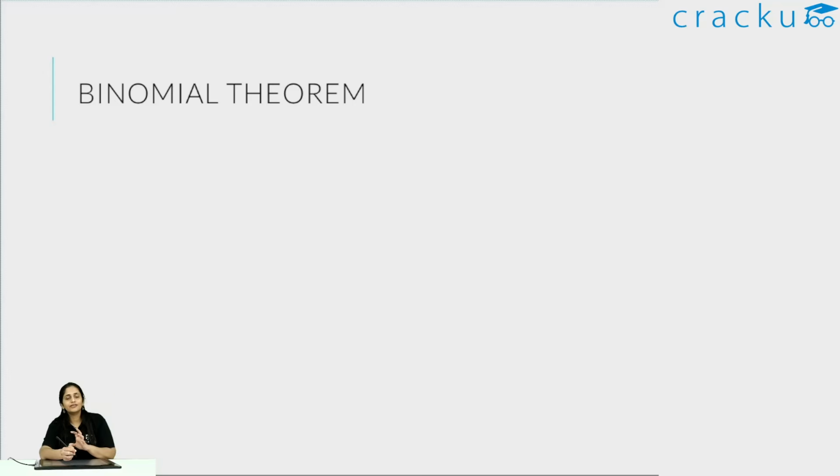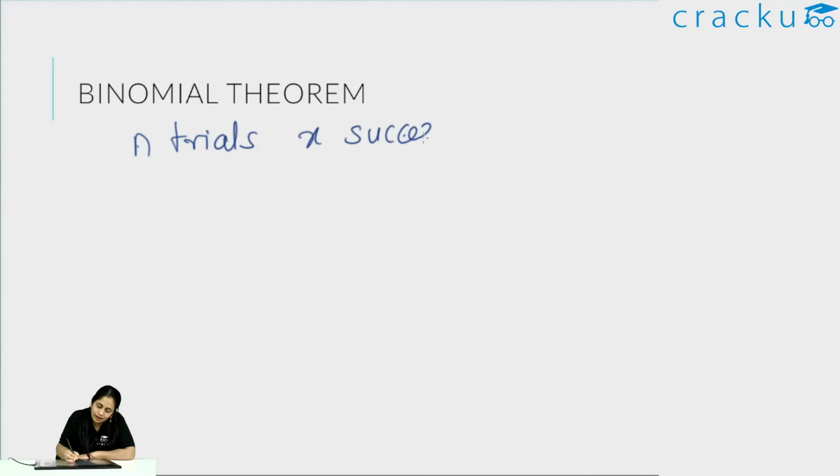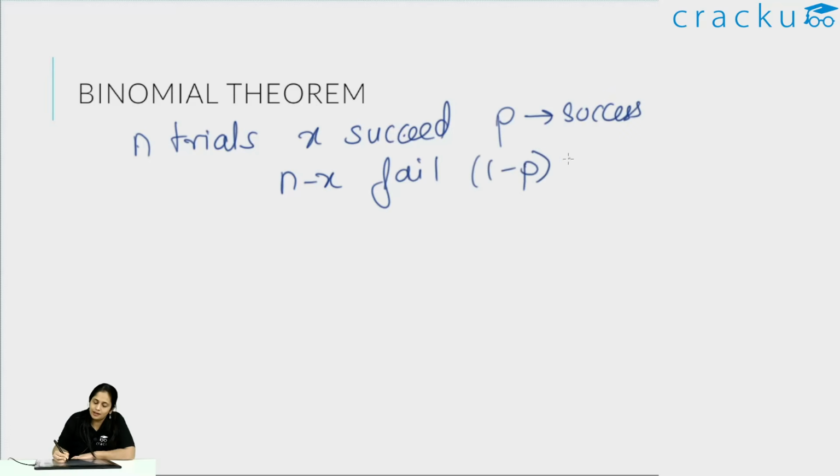So in those kinds of scenarios, what you do is basically you find out the total combined probability of multiple successes, or x out of n trials being successful, using the binomial theorem. So if I say that out of n trials, x succeed and n minus x trials fail, and the probability of success is say p, then the probability of failure will be 1 minus p.